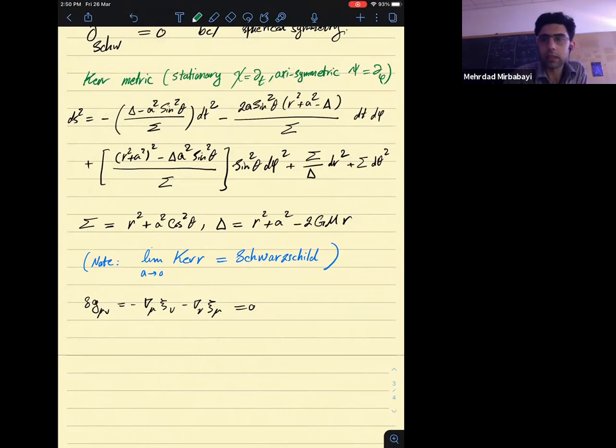So the statement is that if we compute these quantities for linearized diffeomorphisms that are generated by this vector, and this vector field defines a vector at every point in the spacetime, the metric will not change.